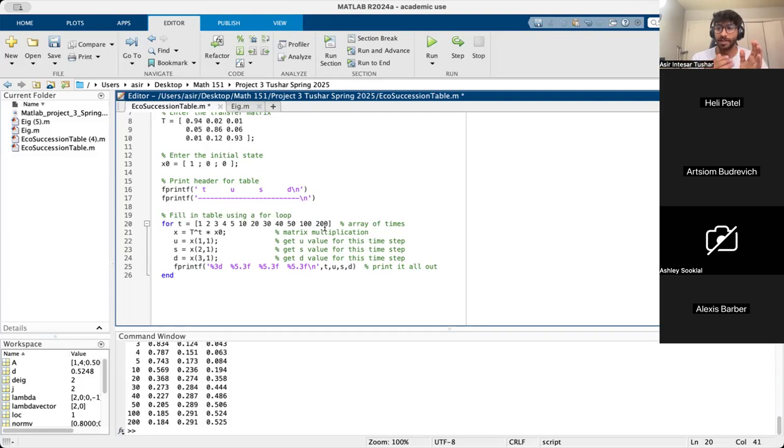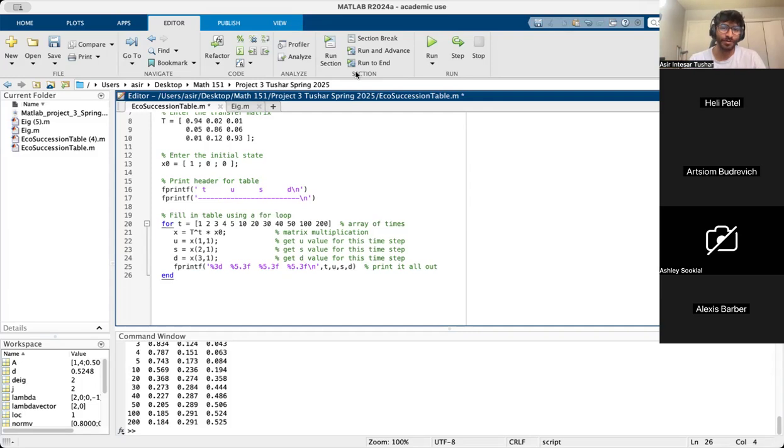Then after the second year, what should be the value of the components again? After 3 years, after 4 years, after 5 years? Then it has 10, so after 10 years, what should be the value of the components? 20, 30, 40, 100, 200. So after 200 years, what should be the value of the components?